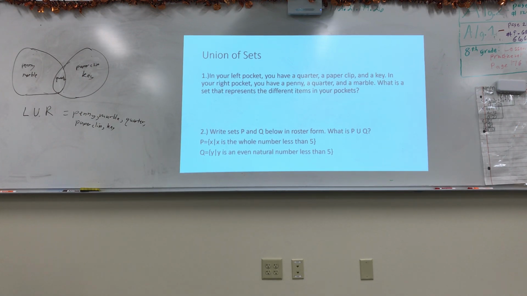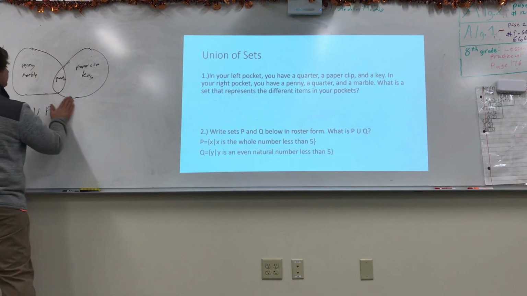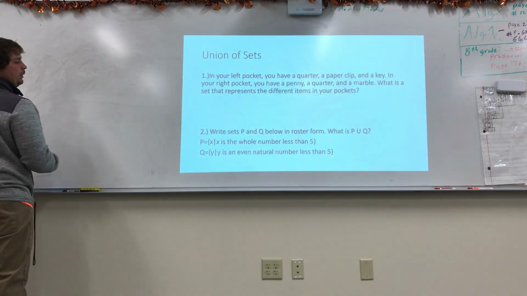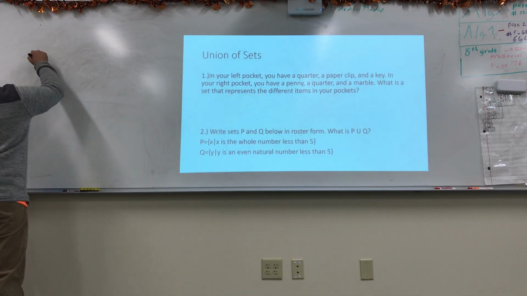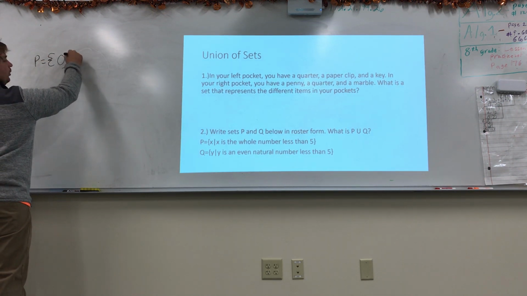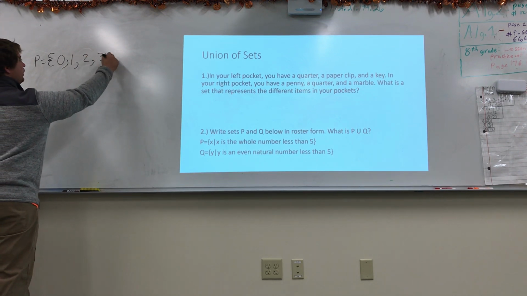So first thing you want to think of is, what could all the things be for P? Well, P is going to be 0, 1, 2, 3, and 4.